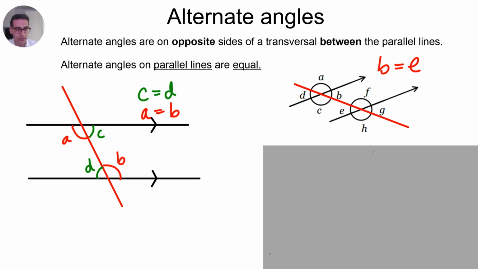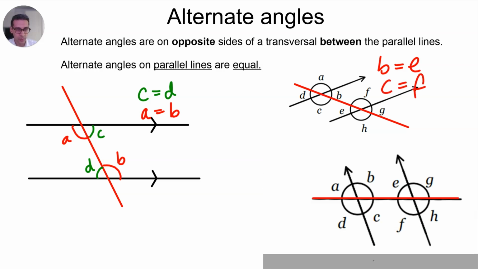And I'm going to show you why this is later on. And then another example is the alternate angle for C is going to be F. So you can see they're opposite sides of the transversal and in between the parallel lines. So C equals F.